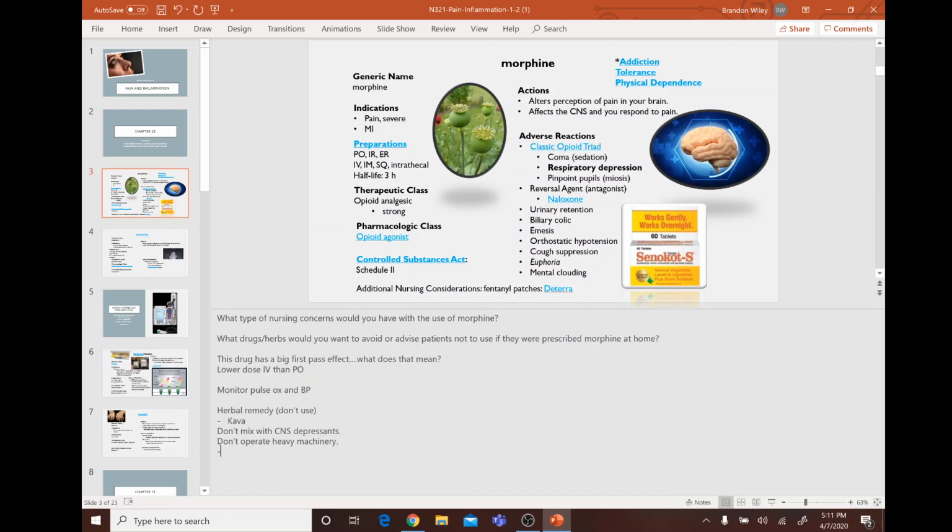You've got the classic opioid triad, which is coma or sedation, respiratory depression, and pinpoint pupils, which is miosis. You can also have urinary retention, biliary colic, emesis, orthostatic hypotension, cough suppression, euphoria, and mental clouding.